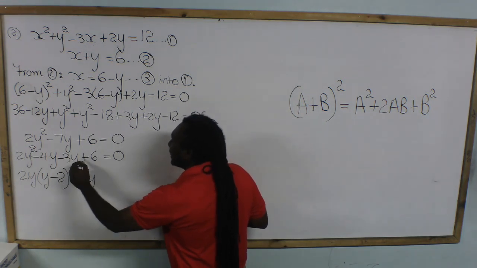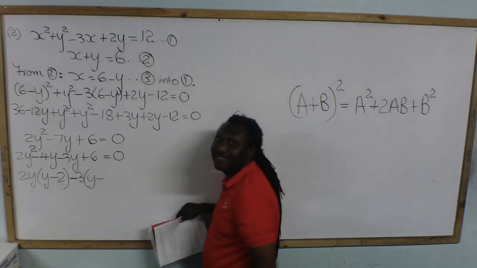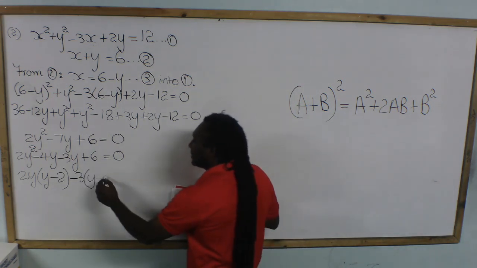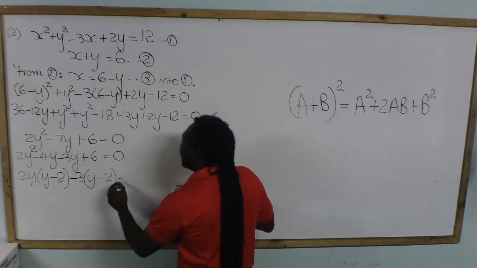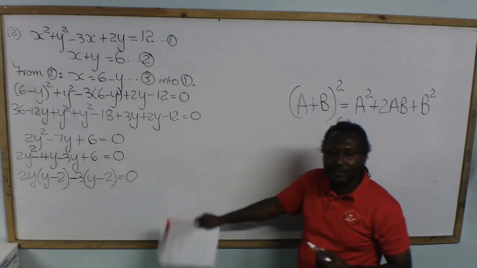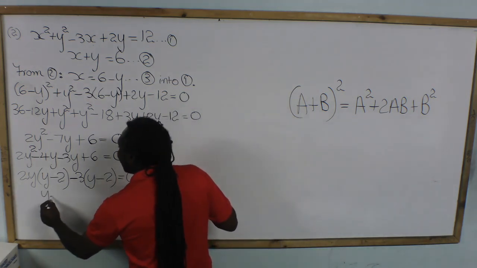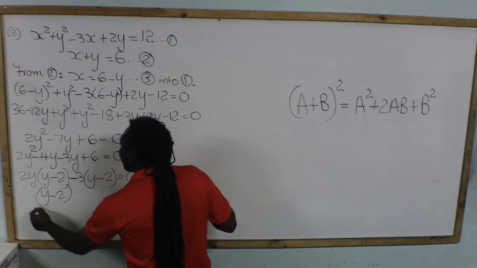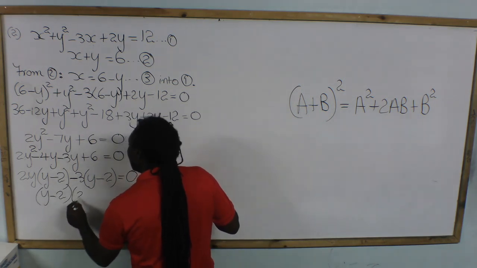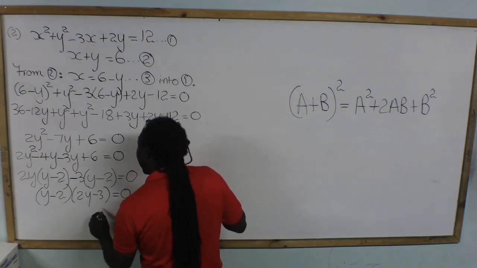Y. Negative into positive. 3 into 6. I like to take the common factor first. What's the common factor in this case? Y minus 2. And the other factor will be 2y minus 3.